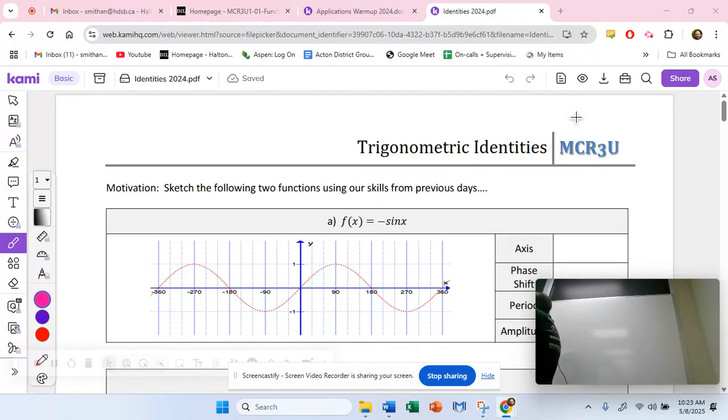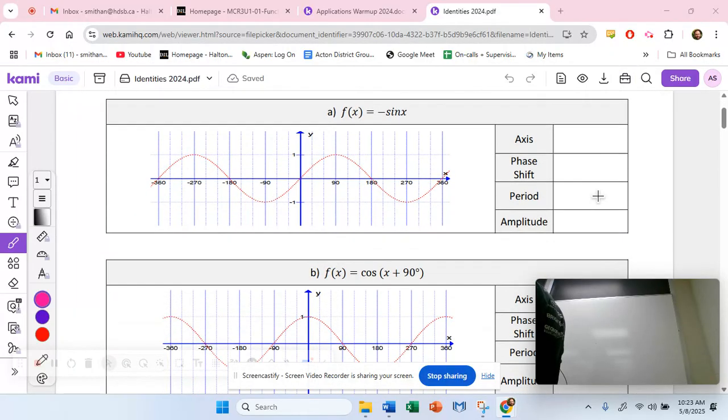To begin, a little motivation. I have two functions that I'd like you guys to graph using skills from the last week or so. It's not a complicated graph. I'm asking you to graph the negative of the sine function.